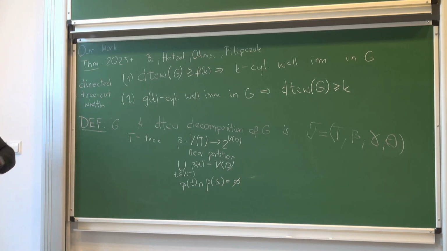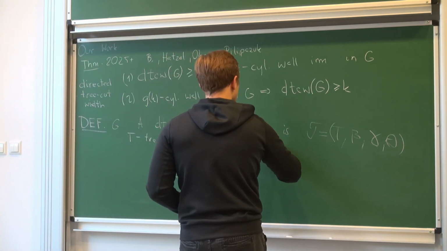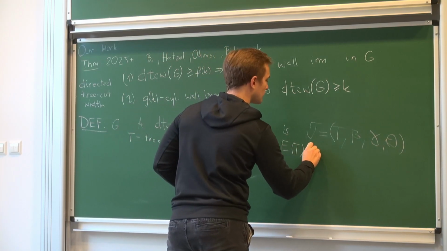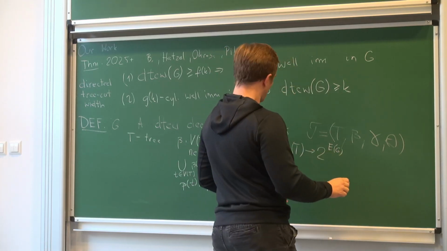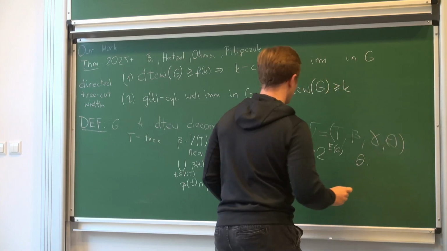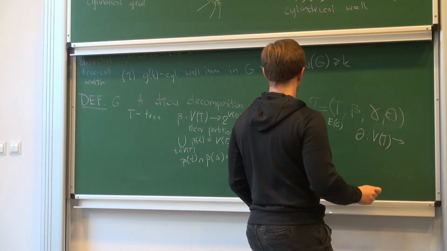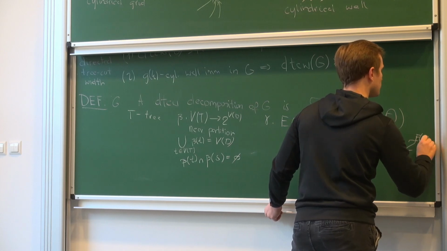So it's not quite a partition. Okay, so what is gamma? Gamma maps every edge of our tree to some subsets of the edges of our digraph. And theta maps nodes of our tree to some subset of the edges of our digraph.